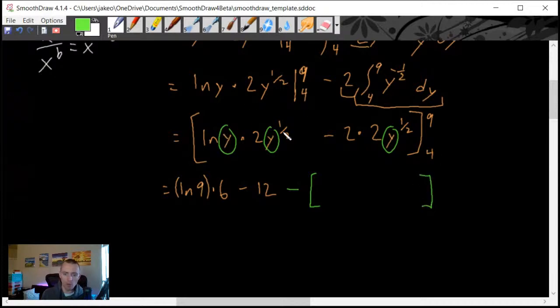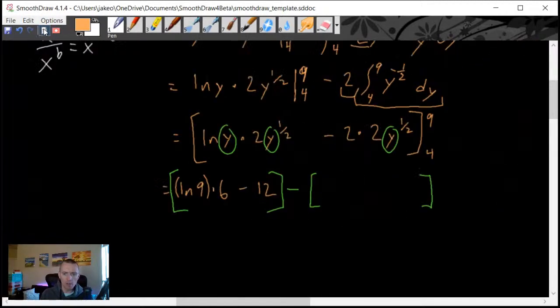So now go to all of our y's here and replace it with a 4. And then we're going to do basically all this from plugging in 9, all this from plugging in 4. It is very important that you make sure you put parentheses around your two pieces like that. And then once you figure out what the value of what's inside the parentheses is, then you can deal with the fact that you're subtracting them.